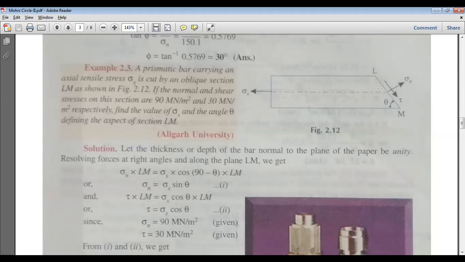There will be a component of sigma x working along the inclined plane LM that will neutralize tau. So tau LM is equal to sigma x cos theta into LM, because we know that this angle is also theta. This will work in this direction, sigma x cos theta, opposite to tau.